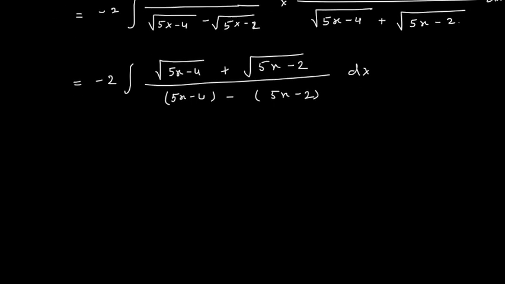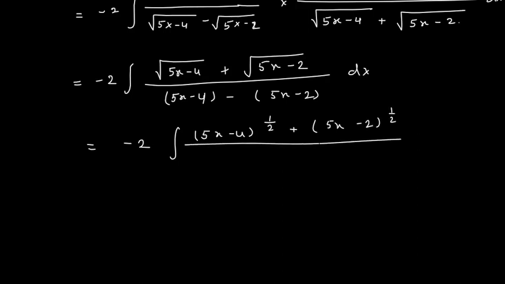So this is equals to minus 2 of integration. Here we have root of 5x minus 4. This you can write as 5x minus 4 the whole power half, plus 5x minus 2 the whole power half, whole divided by, when we open the bracket, this 5x will cancel, and this is minus 4 plus 2, so minus 4 plus 2 is minus 2.